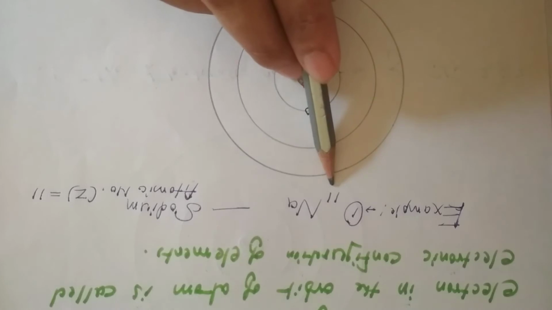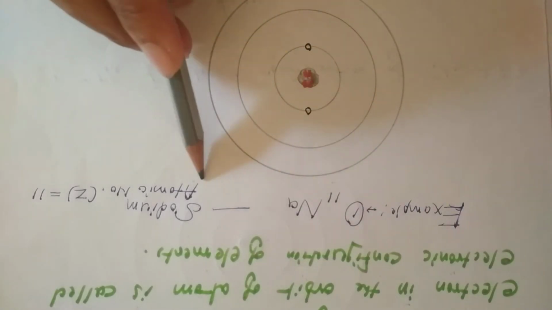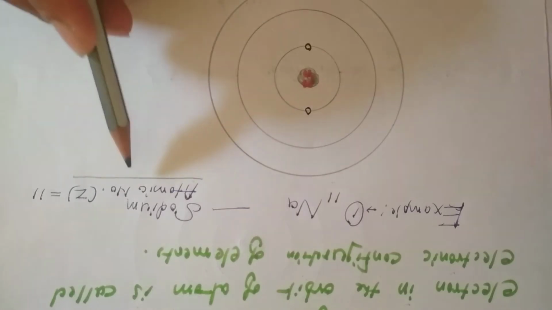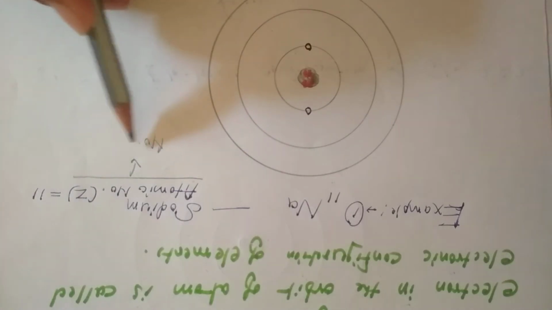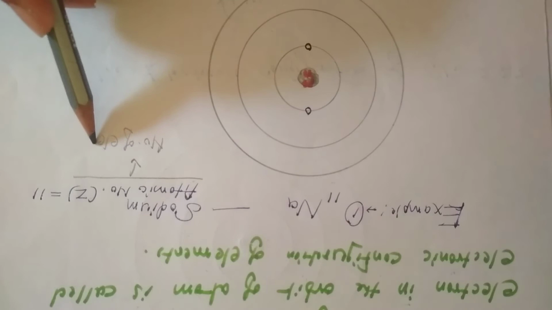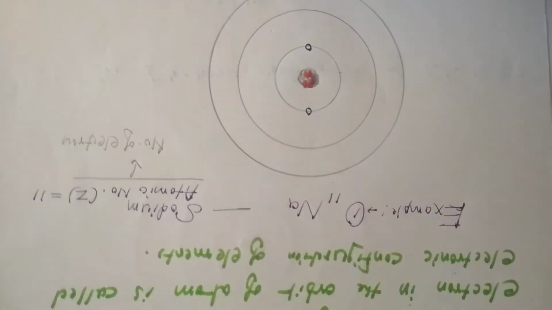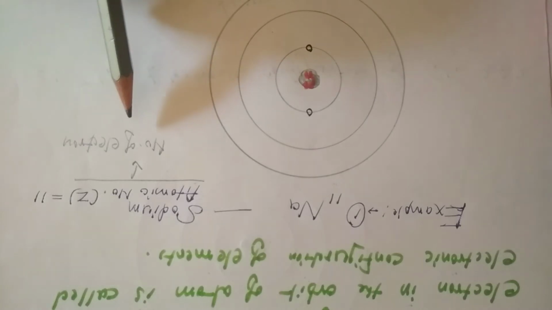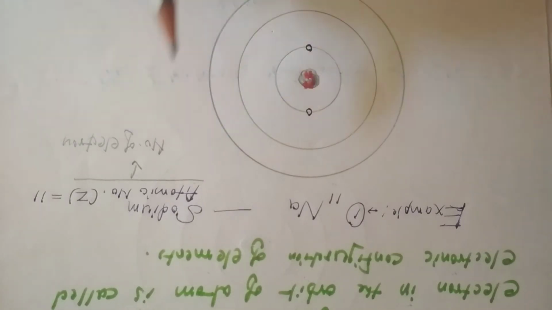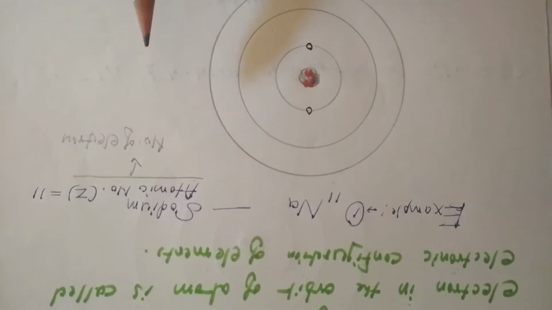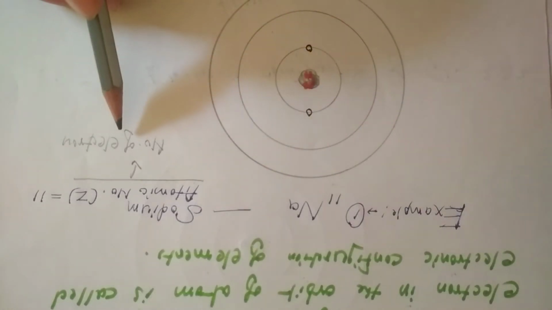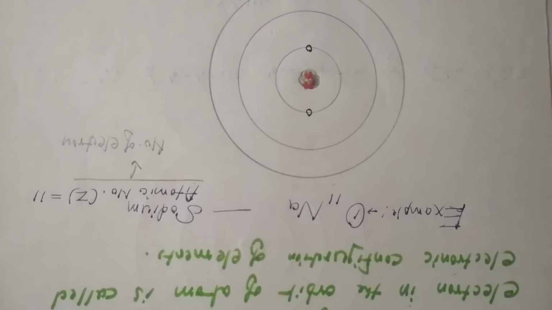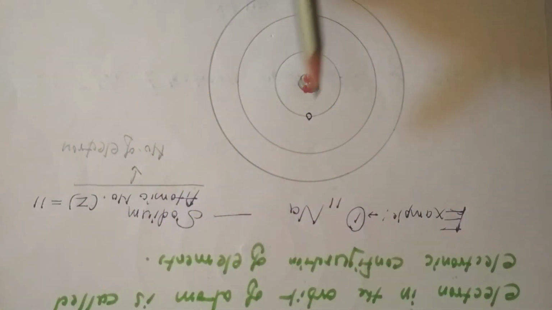Friends, what is the meaning of atomic number? Atomic number means the number of electrons, and we know the number of electrons is equal to the number of protons. Now let's arrange the electrons in the orbits of the sodium atom. This is the first orbit.